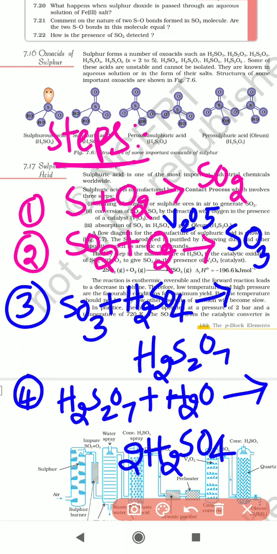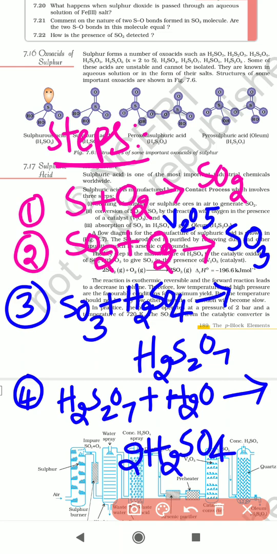That sulfur trioxide further reacts with a small quantity of sulfuric acid to form oleum, H2S2O7. The oleum compound, on hydrolysis, gives sulfuric acid.